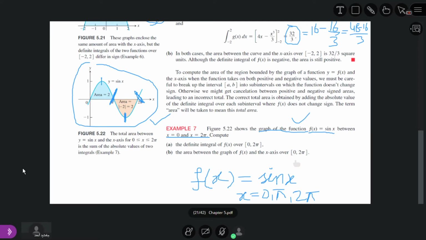Now we divide the given interval, 0 to 2 pi, into two sub-intervals.